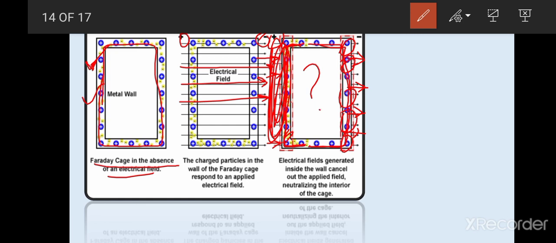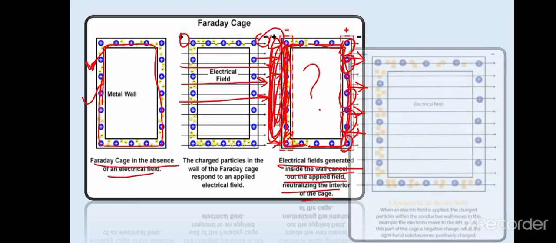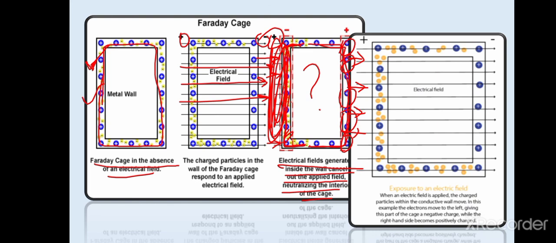So we can say that electric fields generated inside the wall cancel out the applied field, neutralizing the interior of the cage. The interior of the cage is neutralized. That's why anything present inside the cage will be safe from the outer electric fields. Here is the case of how the exposure to an electric field works with the metal cage.